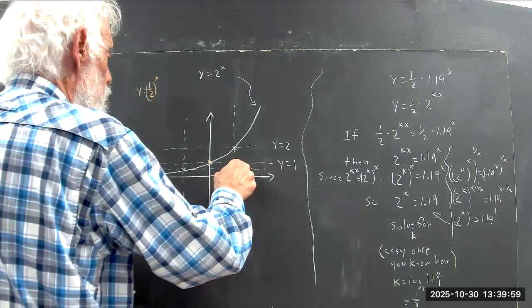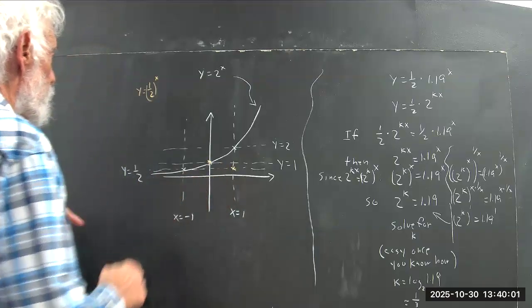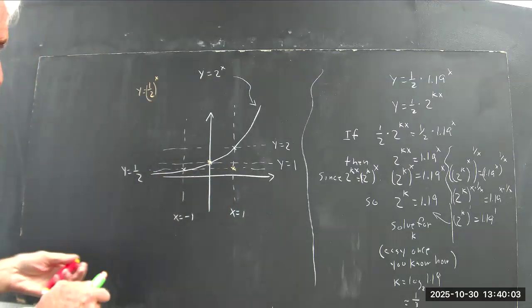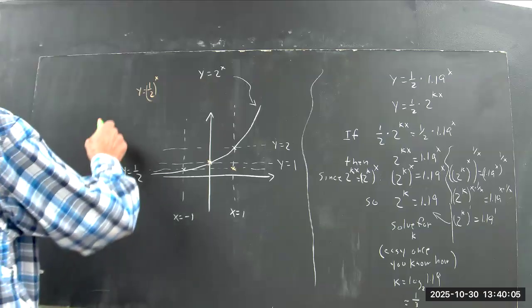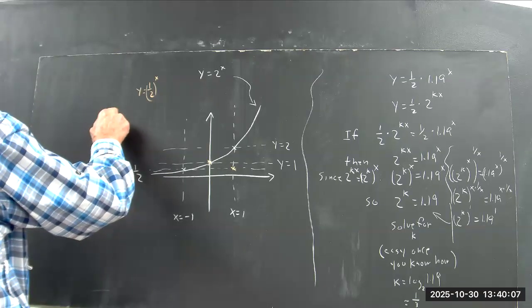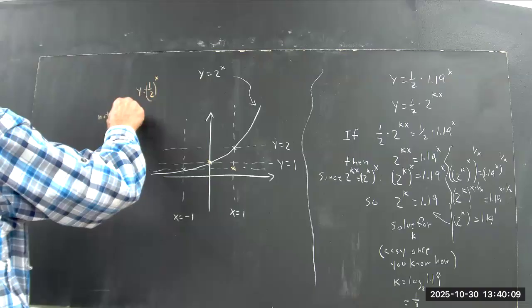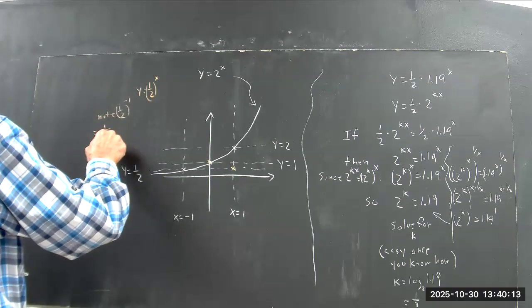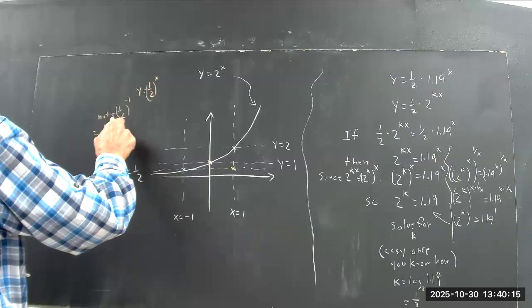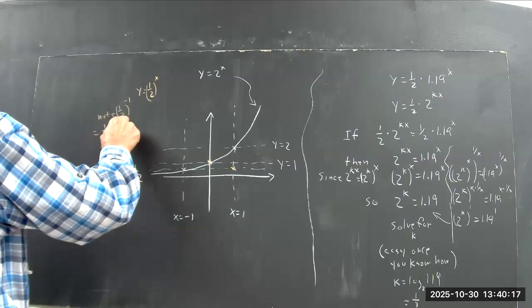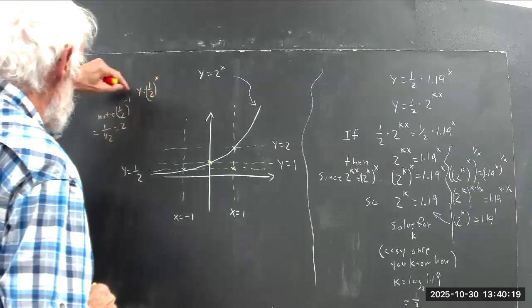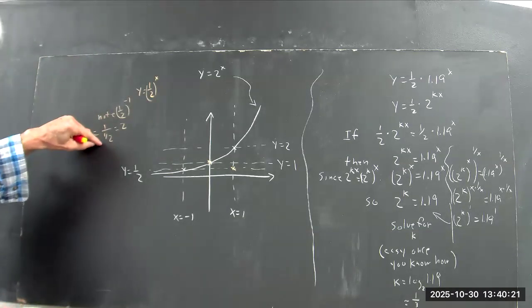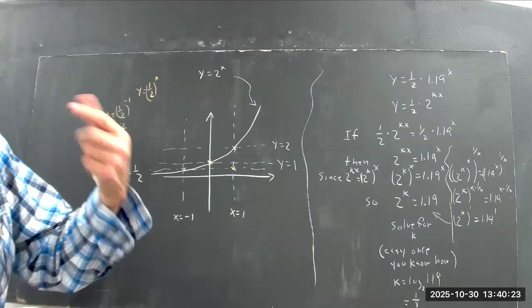So we're going to have a point over here. When x equals -1, 1/2 to the -1 is 1 divided by 1/2, like the rule says.